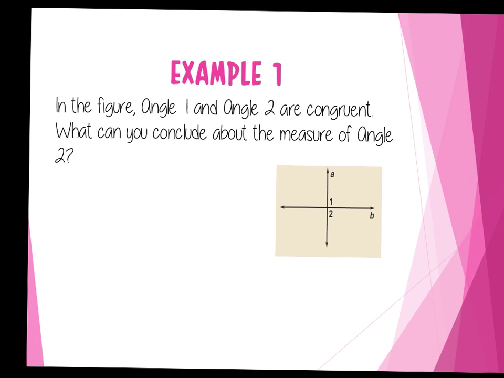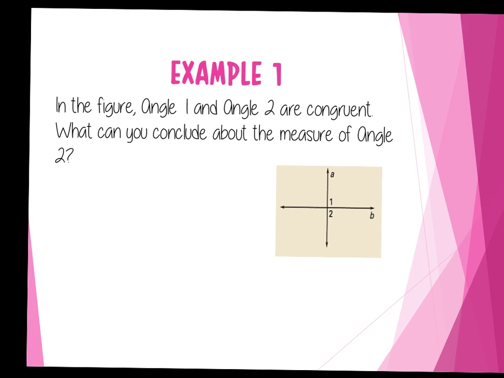All right, so example 1 says, in the figure, angle 1 and angle 2 are congruent. What can you conclude about the measure of angle 2? What's true about the relationship between 1 and 2? They're adjacent and they're a linear pair, which means what? 180, which means they would both be 90 degrees.